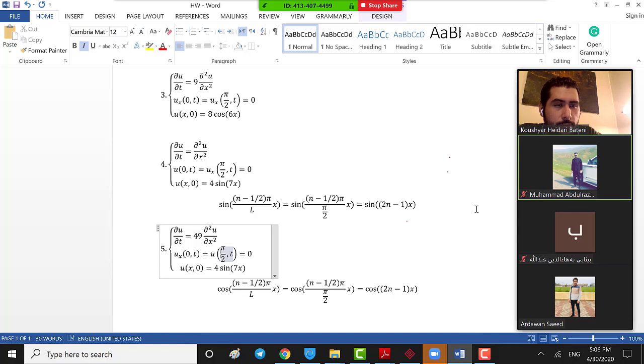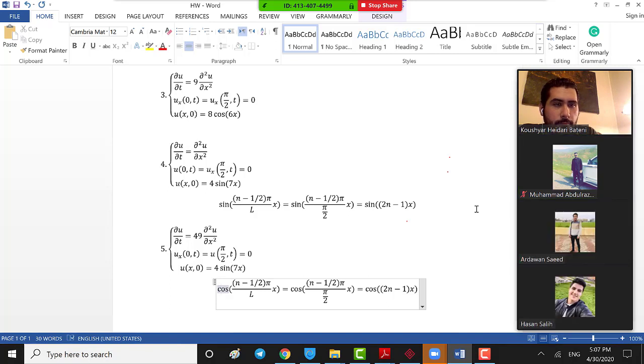If L was equal to pi instead of pi over 2, then for this example, the eigenfunction would be cosine of (n minus 1 over 2)x. Exactly. Thank you so much.